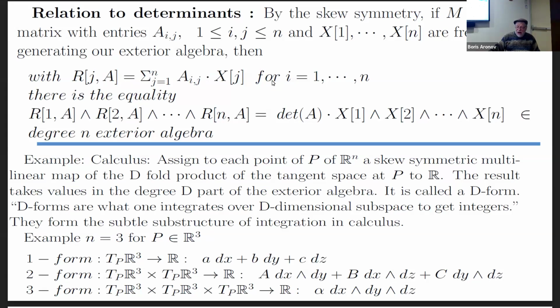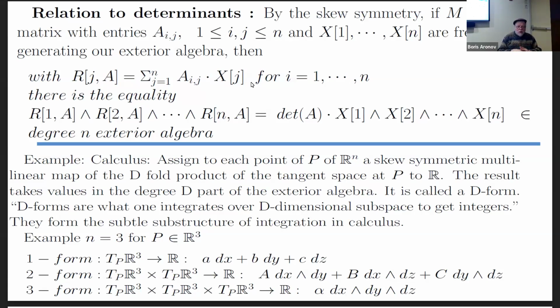It describes expressing the matrix as a linear map from the variables to themselves. Then you get a nice equality which says that when you look at the highest degree term in the exterior algebra, it's an exterior product, this wedge, of all the one-dimensional pieces put together. That's the highest term.